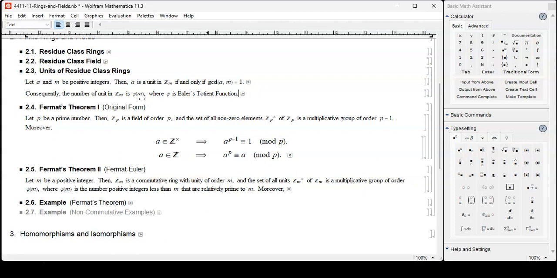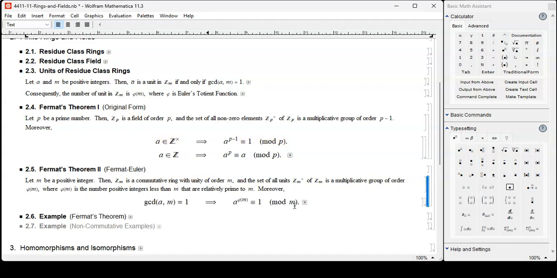And the value of the Euler phi function for a prime number is p minus 1. Because p is prime, all the numbers from 1 to p minus 1 are relatively prime to p. So phi of p is p minus 1, so we can consider this generalized into that.